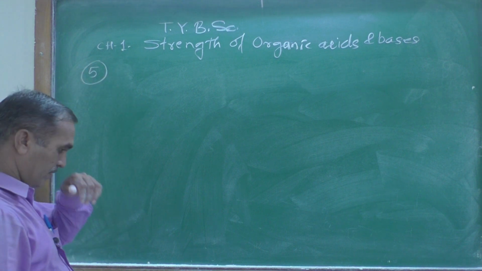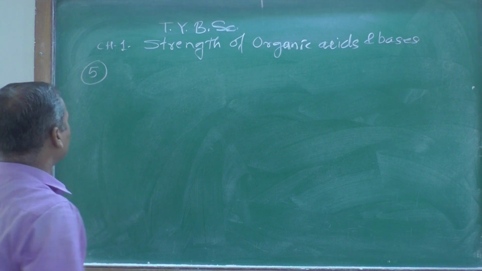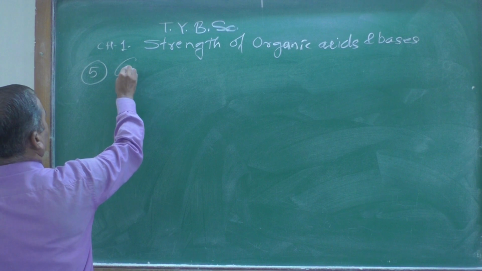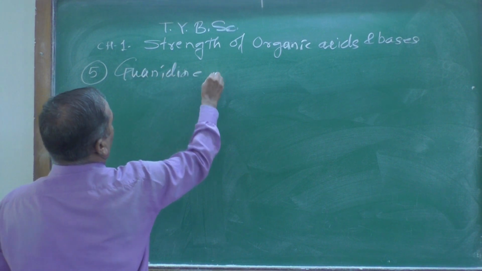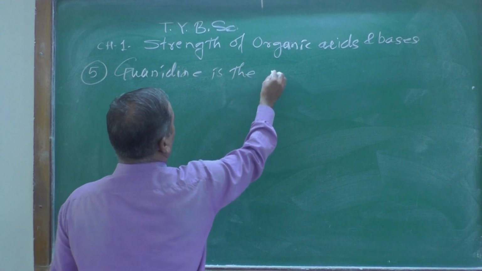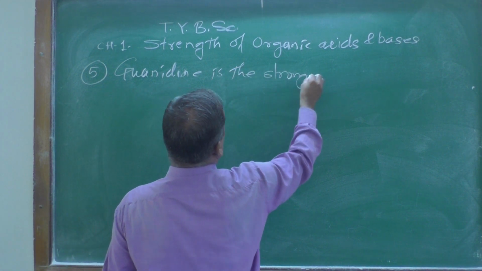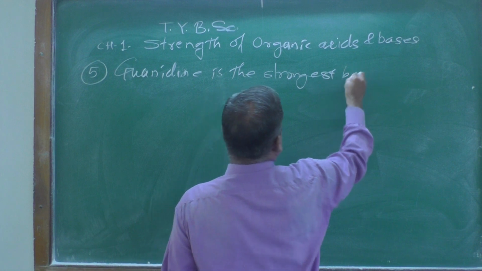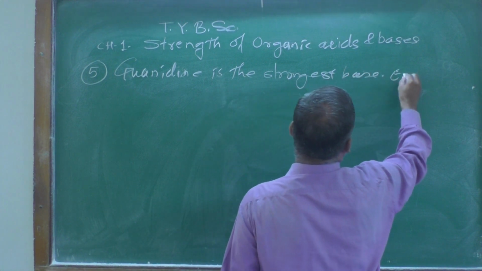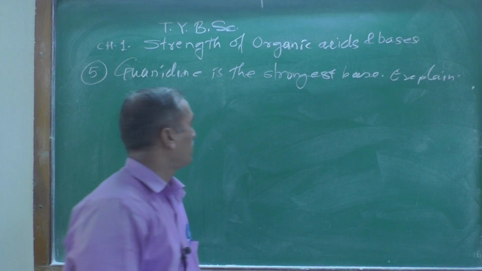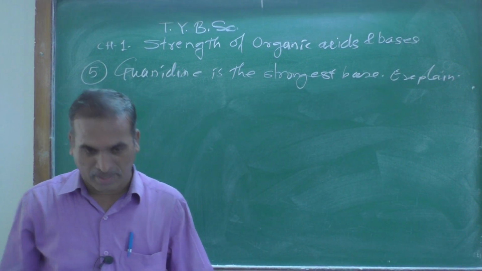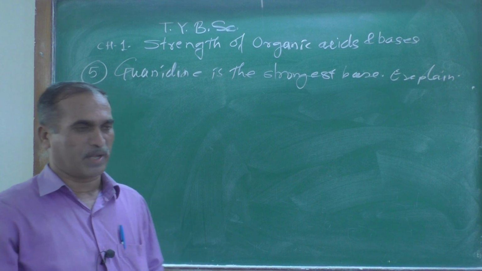As we know here, guanidine is the strongest base. Guanidine is the strongest base, explained. Guanidine is the strongest base explained. Here, how do you explain this?